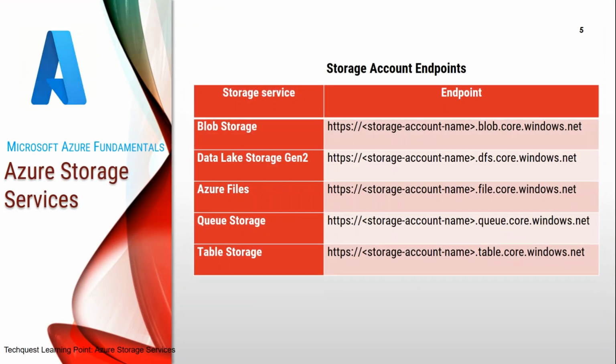We have already made it clear that every storage account in Azure must have a unique account name. The combination of the account name and the Azure Storage Service endpoint forms the endpoints for your storage account.